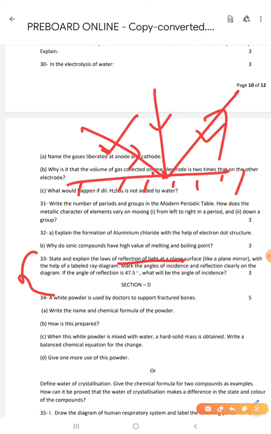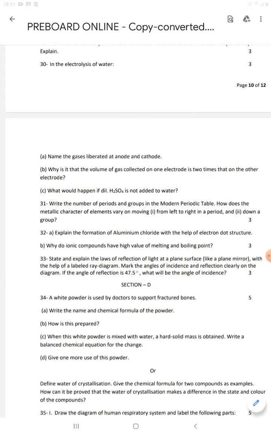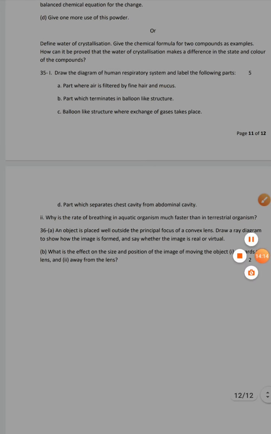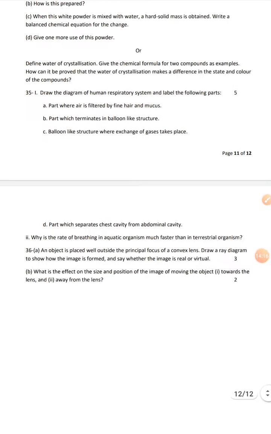Another is that the angle of incidence and the angle of reflection should be equal. In another part it was asking about the angle of reflection being 47.5. As we know the angle of reflection and angle of incidence are the same, so the angle of incidence will also be 47.5 degrees. It was not very tough, it was very easy.